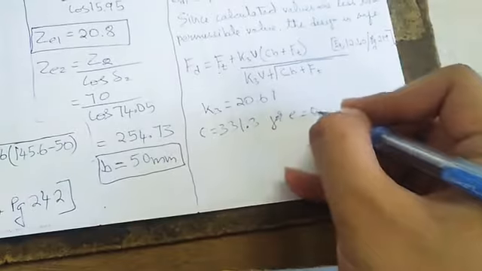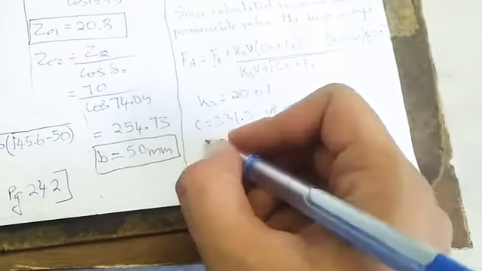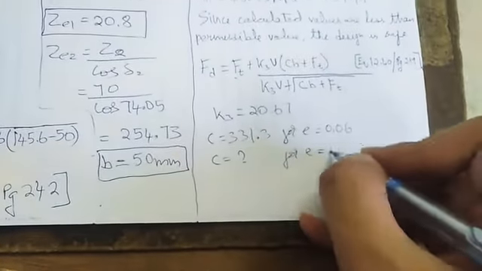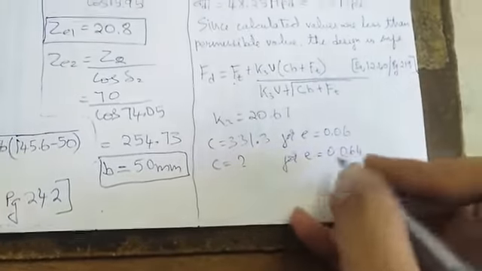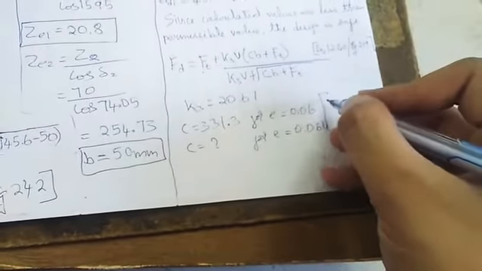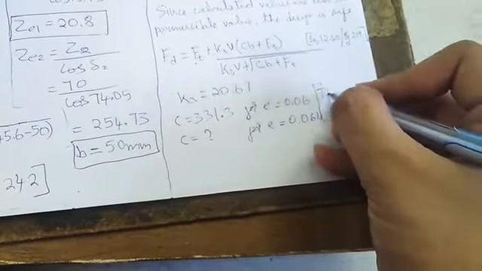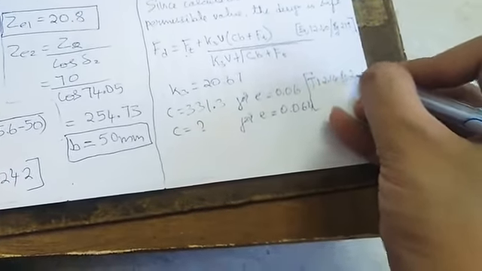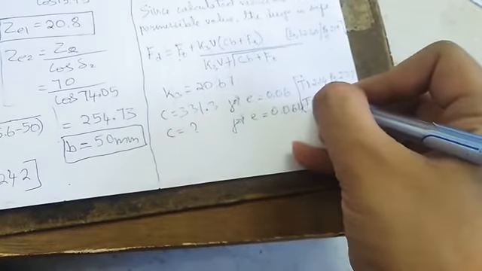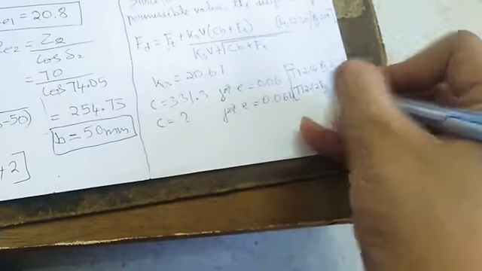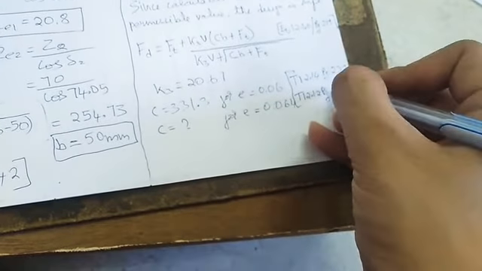For e equal to 0.06, C is 331.3. What is the value of C for e equal to 0.064? This value is from table 12.14, page number 237, and table 12.12, page number 236.